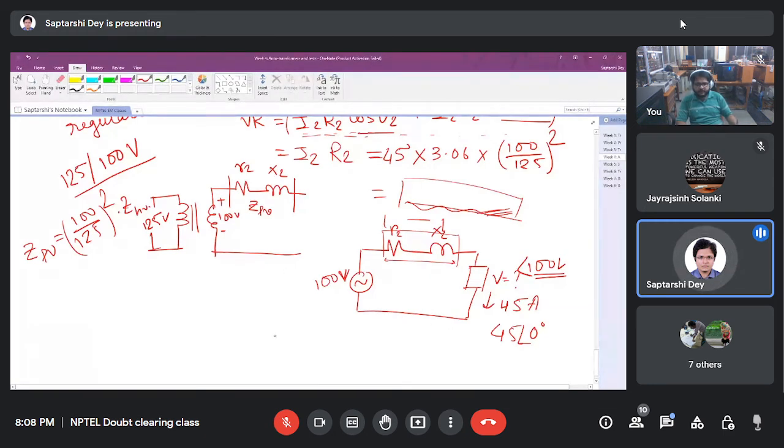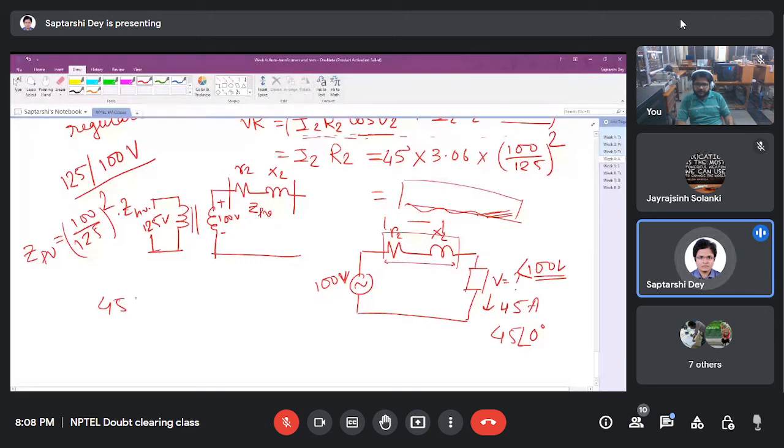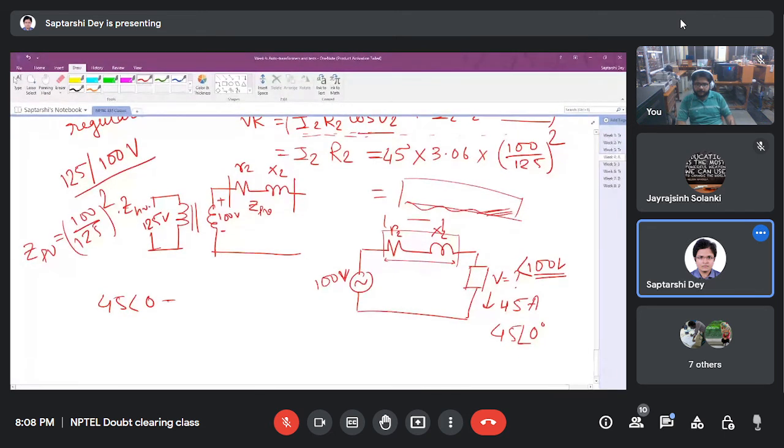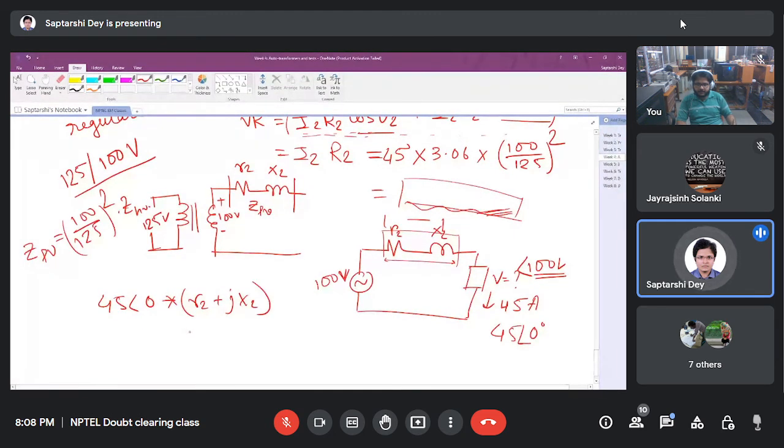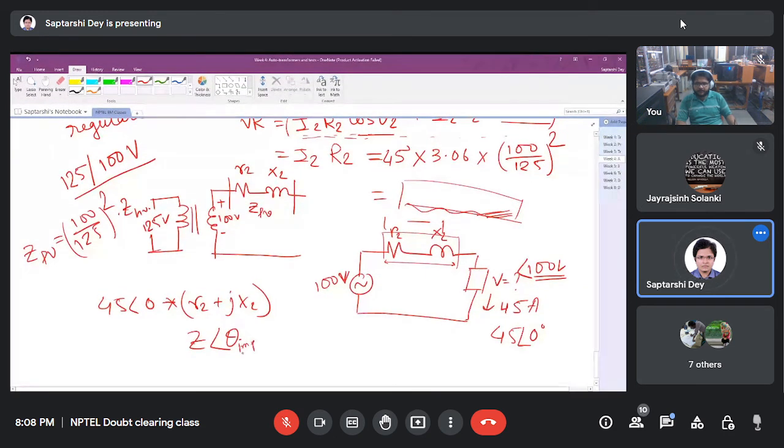Now, how to find out this? These are even lower class things. 45 angle 0 times R2 plus jX2, or you can do it as Z angle theta, the impedance.